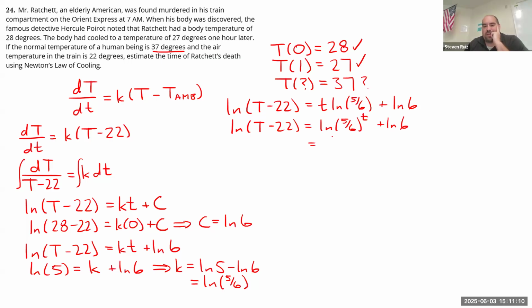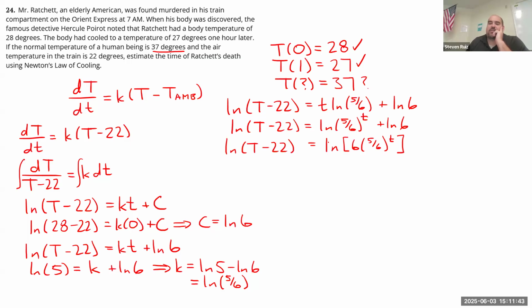One more property of logarithms I can use is that if I have the natural log of two things added together, then I can rewrite them as the natural log of 6 times 5/6 to the t, and that's equal to the natural log of T minus 22.